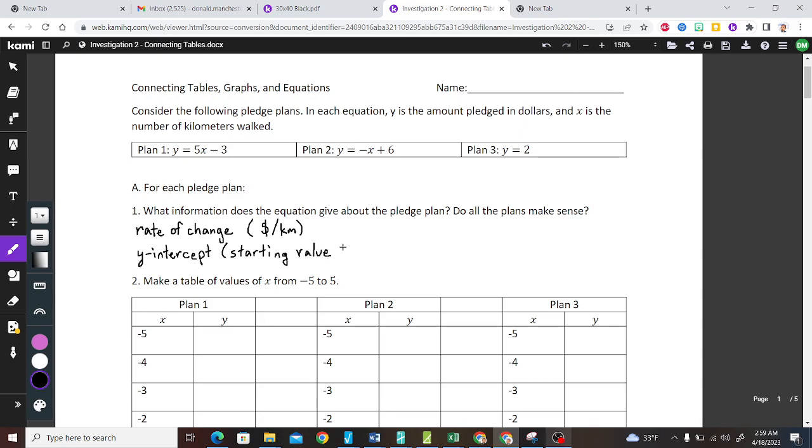Or the amount of money for 0 kilometers. That's what we're given. Now, do all the plans make sense? Well, plan 1 has us increasing $5, but we start off $3 in the hole for some reason.